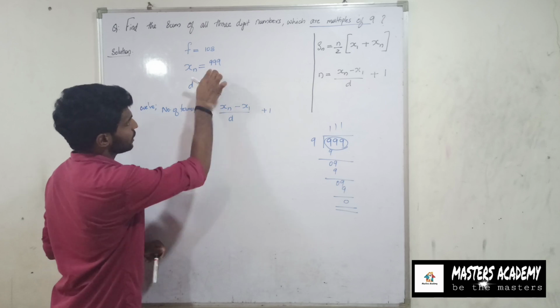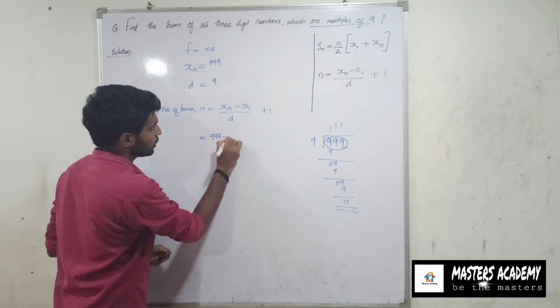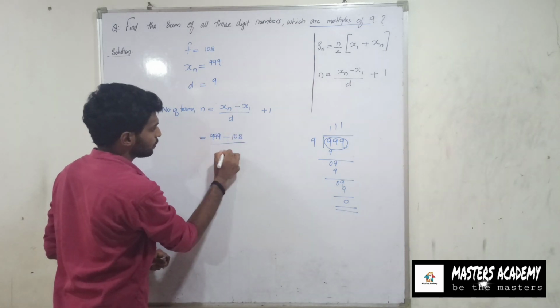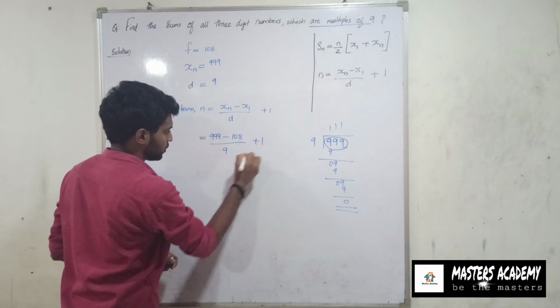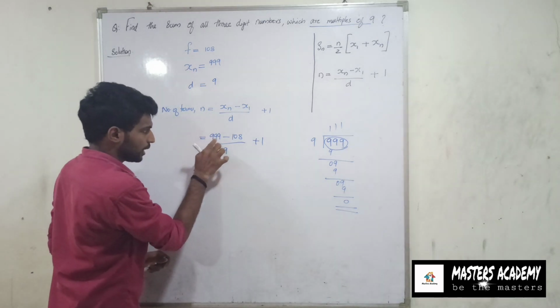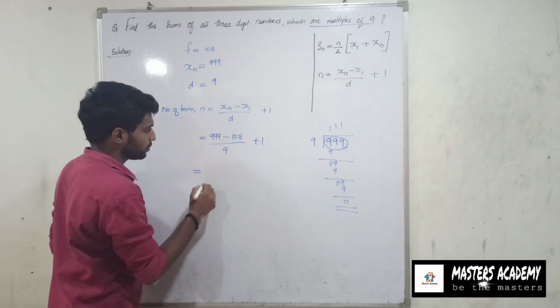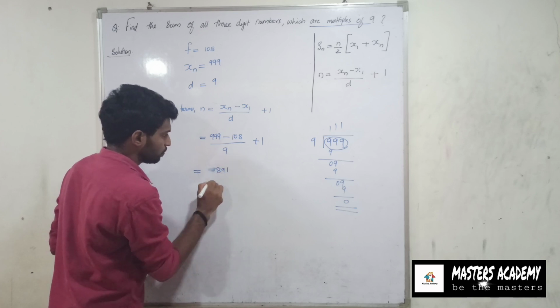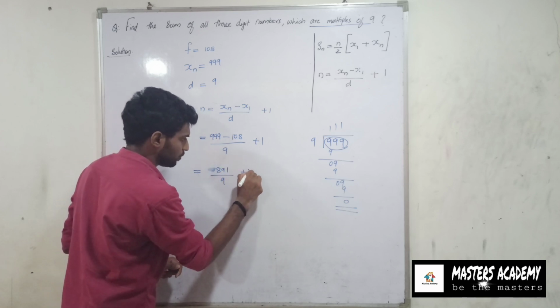Equals xn, that is 999, minus x1, that is the first term, 108, divided by d, 9, plus 1. 999 minus 108 gives us 891, divided by 9, plus 1.